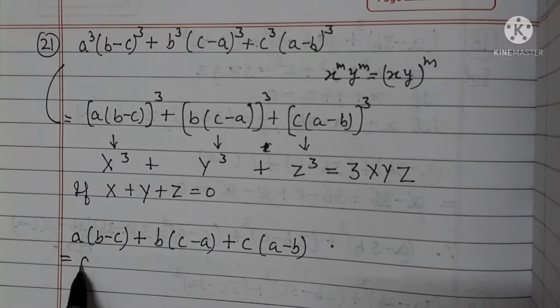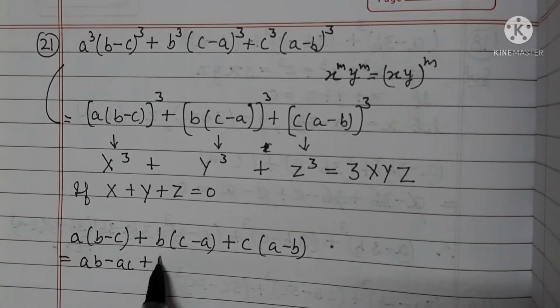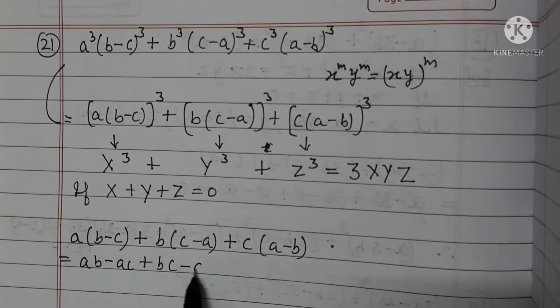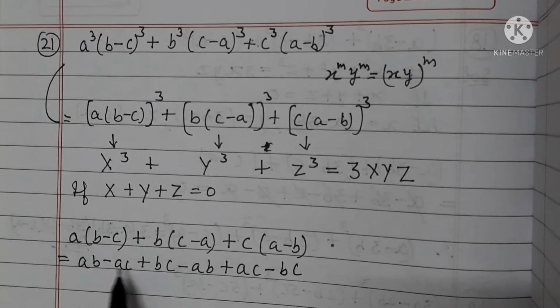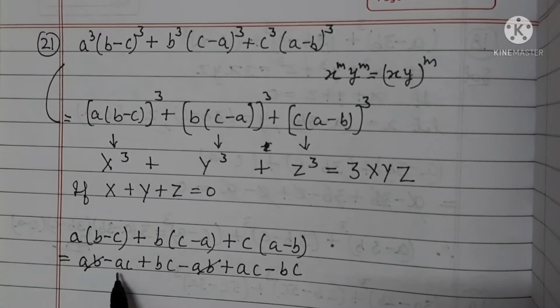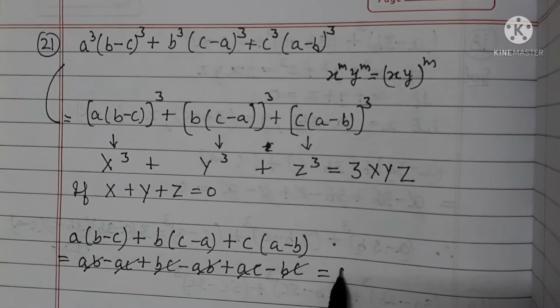Open it: ab minus ac, bc minus ab, plus ac minus bc. So ab cancels, ac cancels, bc cancels, you will get 0.